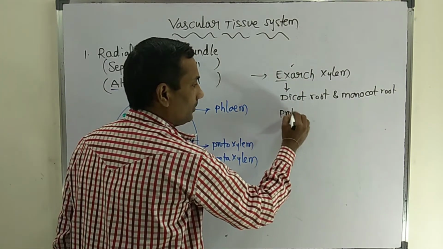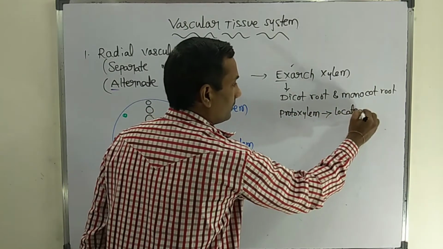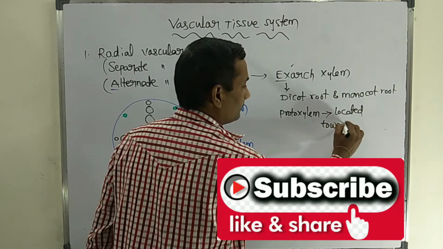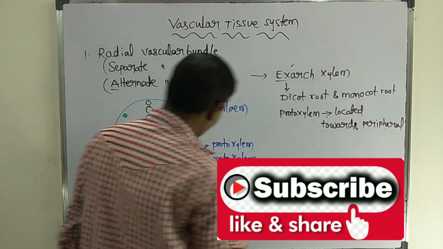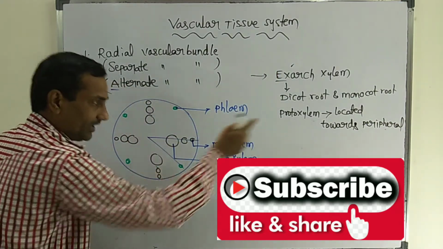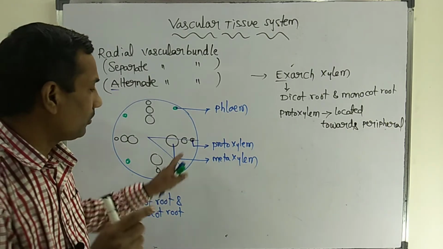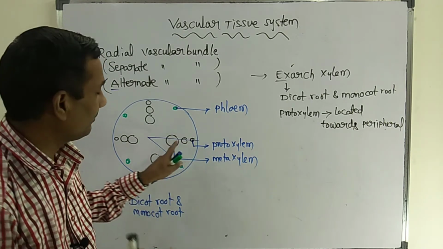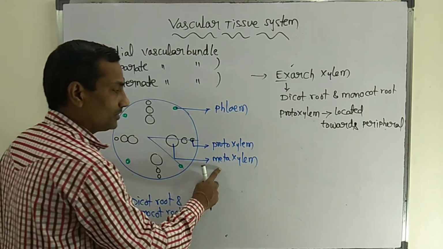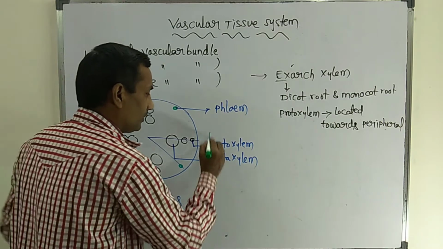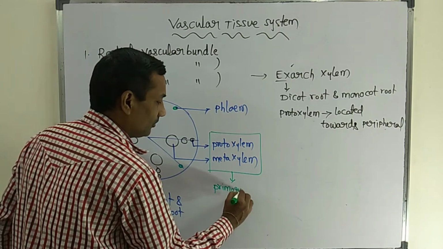In the exarch condition, protoxylem is located towards the periphery. That arrangement of xylem is called exarch xylem. If the protoxylem lies peripheral, the metaxylem will automatically be towards the center. Protoxylem and metaxylem together are known as primary xylem.